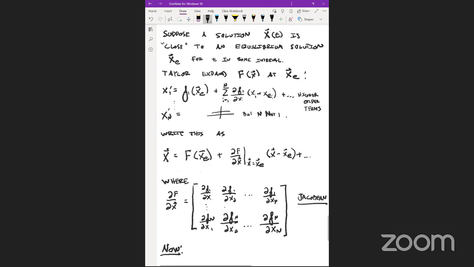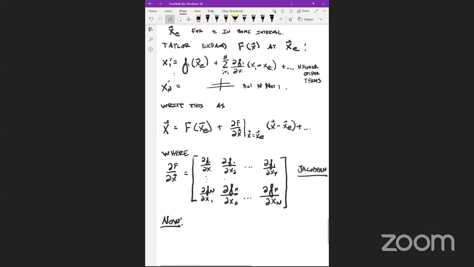This is going to be our standard Taylor approximation game. These higher order terms, we're going to say that we're close enough to the equilibrium solution so that they vanish. Since x is an equilibrium solution, f is going to vanish. And what that means is that we're going to be basically left with something linear. So now we have that f of x_e is equal to 0 since x is an equilibrium solution.